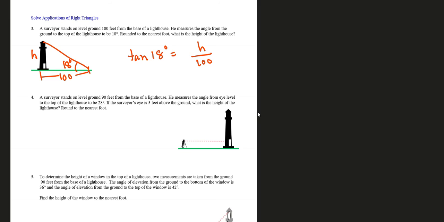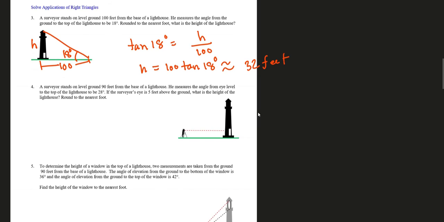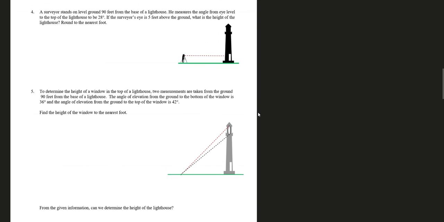Now we can simplify this: H equals 100 times tan 18 degrees, which is approximately equal to 32 feet. Let's solve the next problem.